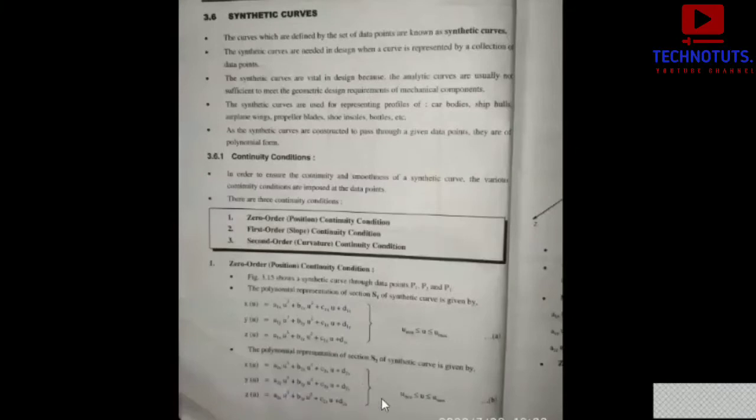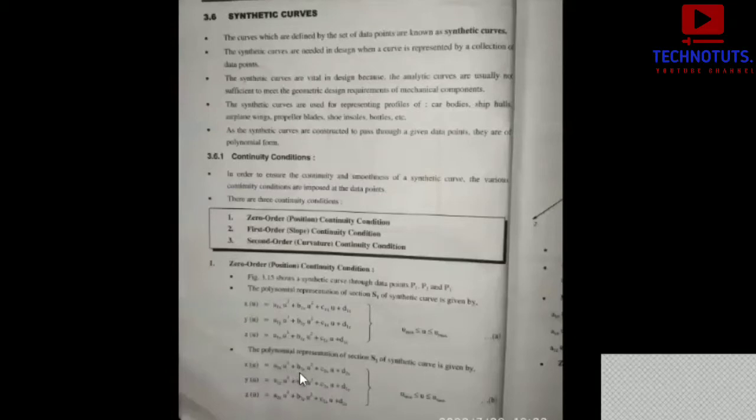Let us see the parametric polynomial representation of section S2 of the synthetic curve. The x coordinate equation is x of u is equal to a2x u cube plus b2x u square plus c2x u plus d2x.